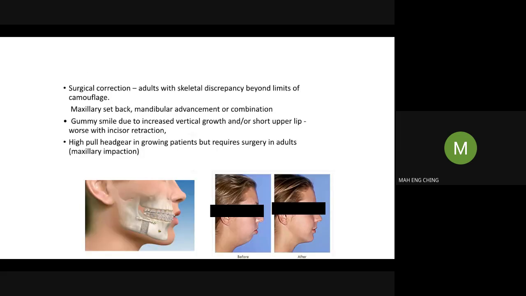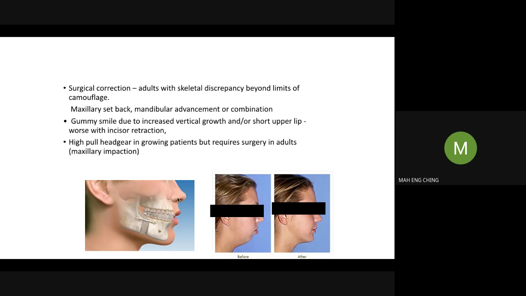So surgical correction is usually for adults with a skeletal discrepancy beyond the limit of camouflage. Let's say the lower jaw is way too short, or the upper jaw is too long, which means the gap between the upper teeth and lower teeth is too far. Then maybe it's not suitable to just do braces, so surgical correction will be a better option. Usually what the surgeon does is maxillary setback, which means bringing the maxilla back, and then mandibular advancement, or a combination.